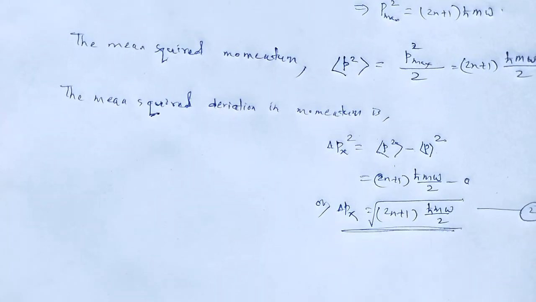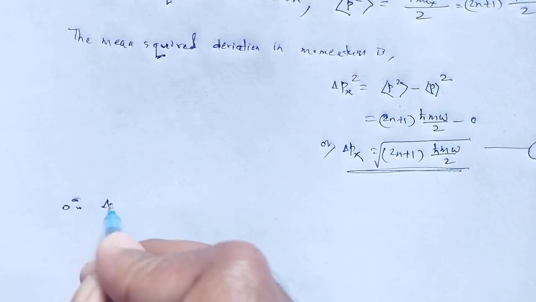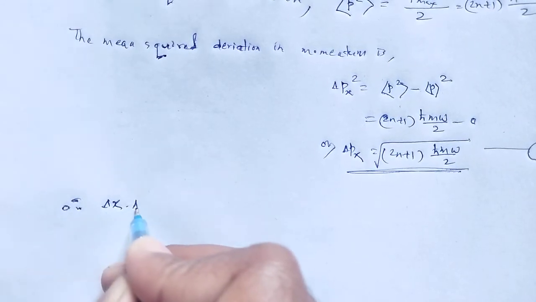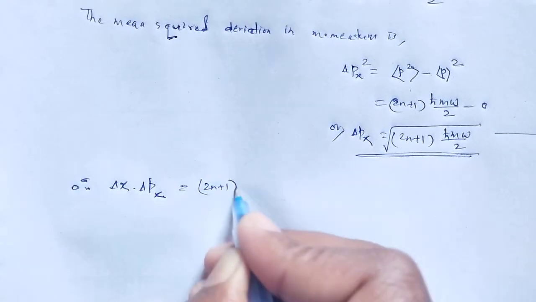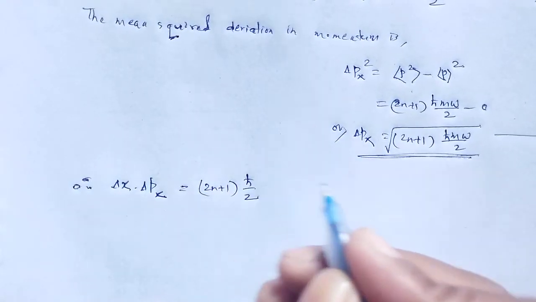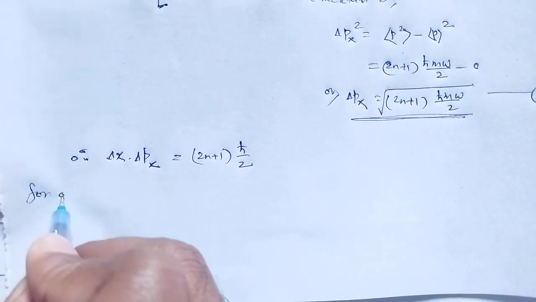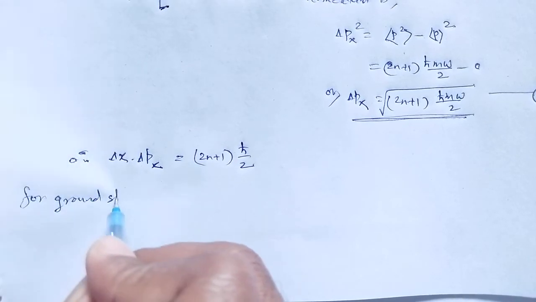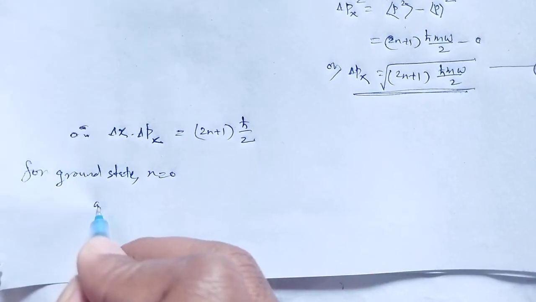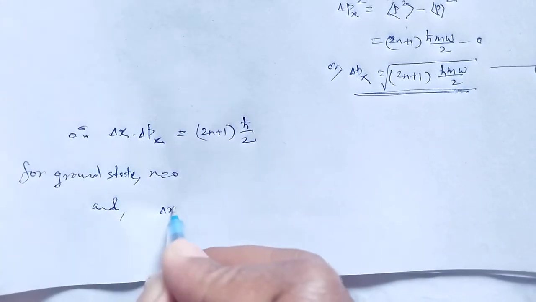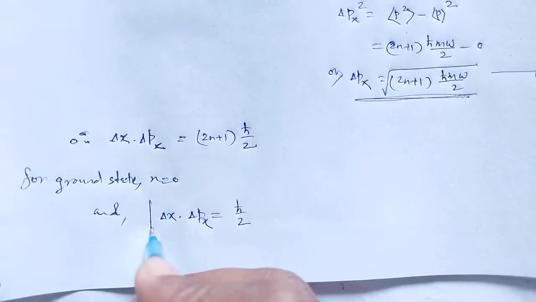Now multiplying 1 and 2, the value of Δx into Δpx is equal to (2n+1)ħ/2. For the ground state, n is equal to 0, and Δx Δpx is equal to ħ/2.